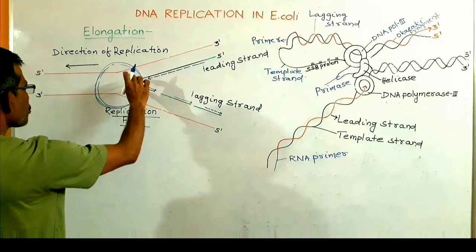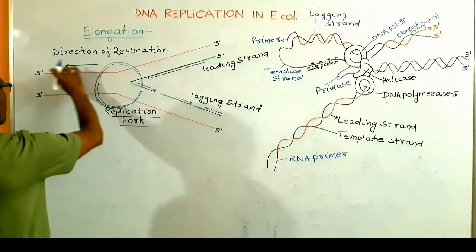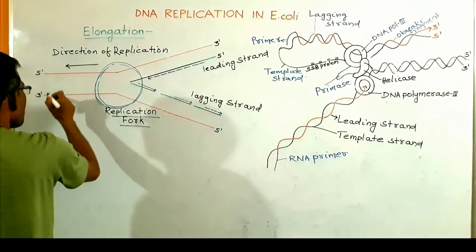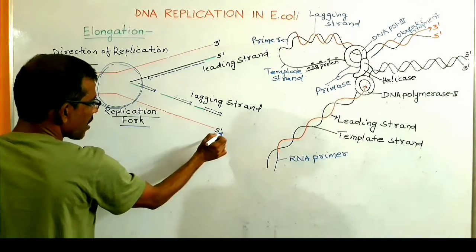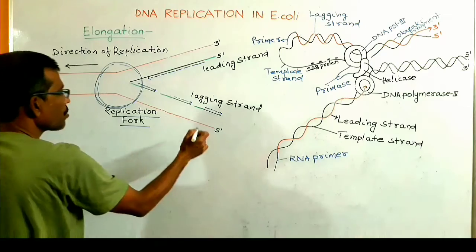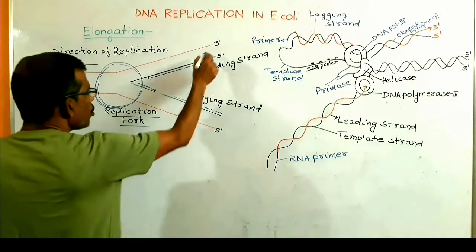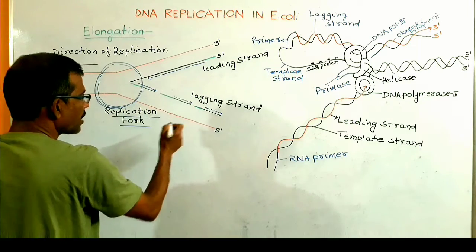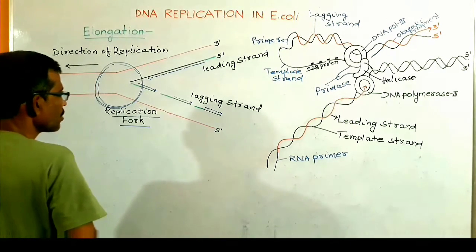Replication fork also moves in 5' to 3' direction. This is a template strand and this is another template strand. So during the process of DNA replication, both of these template strands have to be copied by using the enzyme DNA polymerase 3.